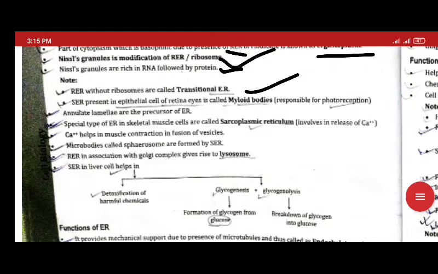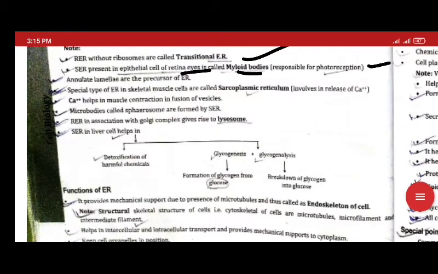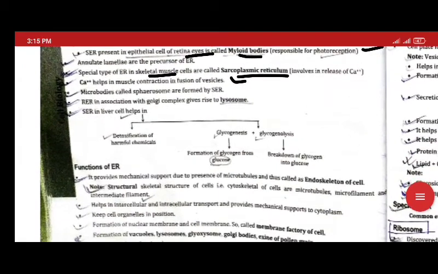SER is for myelinoid tissue and for lipid metabolism. Myelinoid tissue is found in photoreceptors of the eye retina. A special point is the sarcoplasmic reticulum in the muscle cells of skeletal muscles. Here calcium helps in contraction, and fusion of vesicles, and microtubules; spherosomes are formed by SER as microbodies.